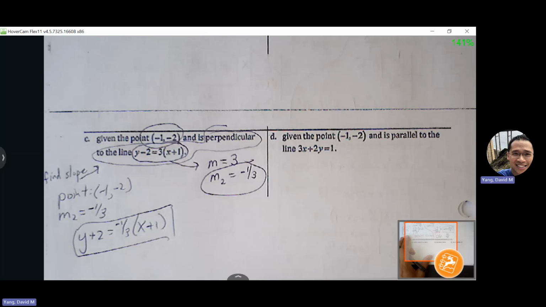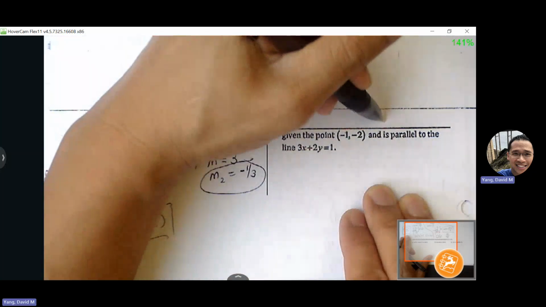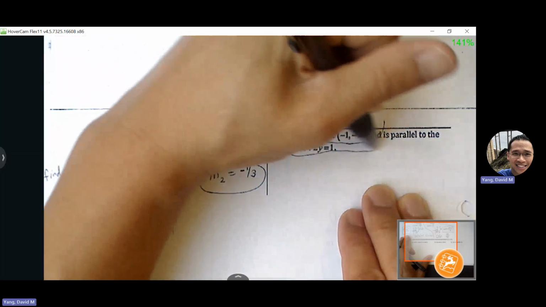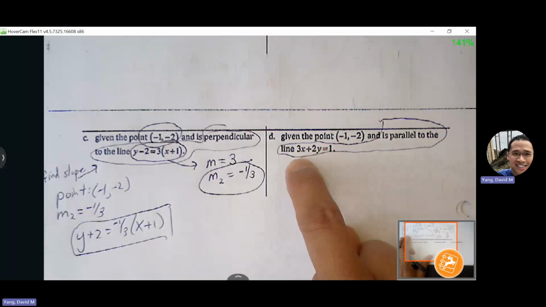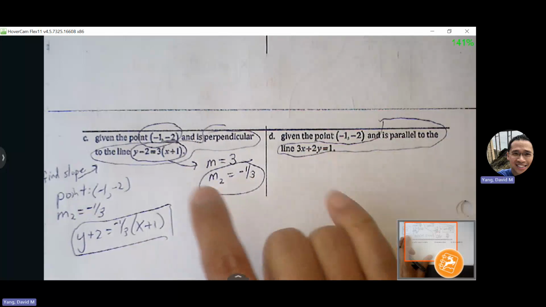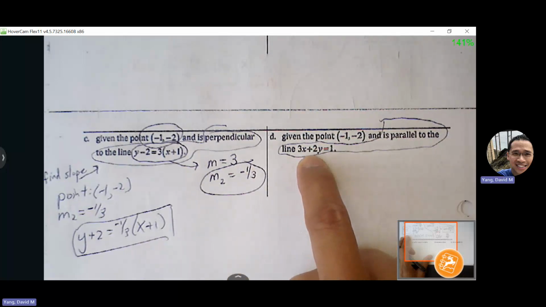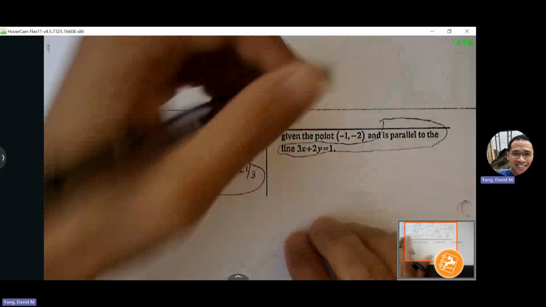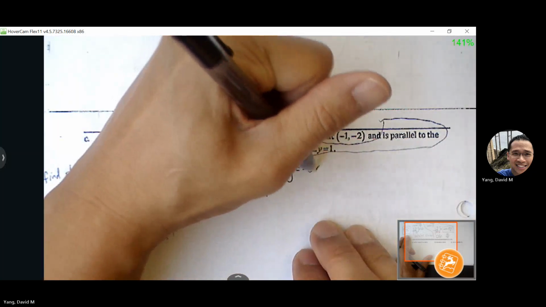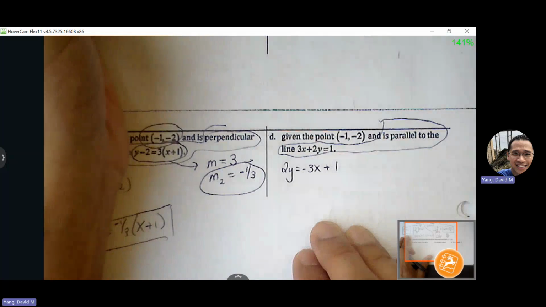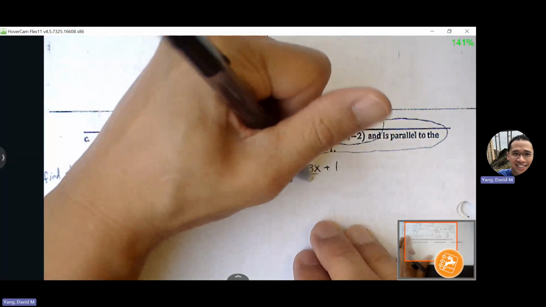Part D, same process. We have the point, but now we want a slope that is parallel to this line. Now this line is a little bit harder, in terms of it's not quite in the form where it's easy to pick out the slope. So why don't we just solve for y, and then we can have an easier time picking out what the slope is. Okay, divide everything by 2.